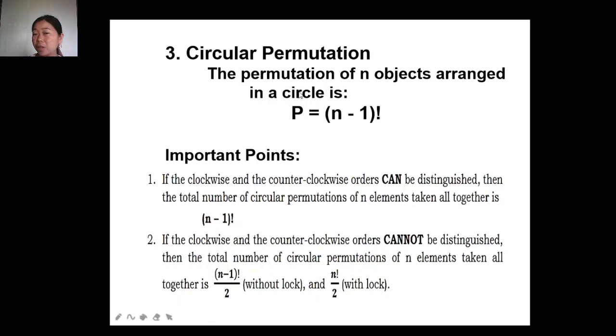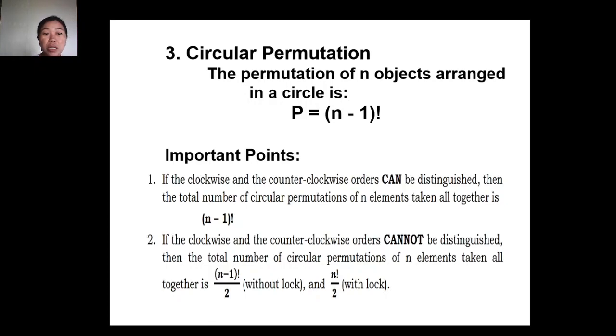So, for circular permutation, the permutation of n objects arranged in a circle can be solved using the formula P is equal to the quantity of n minus 1 factorial. So we just subtract 1 from the number of objects, always minus 1, if the arrangement is in circular form.